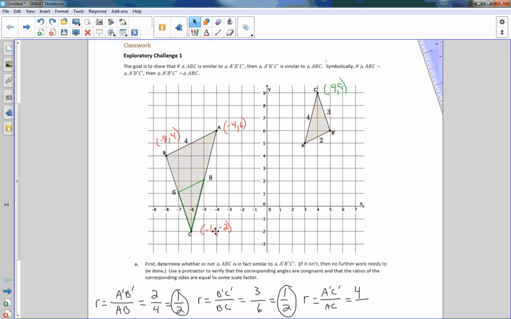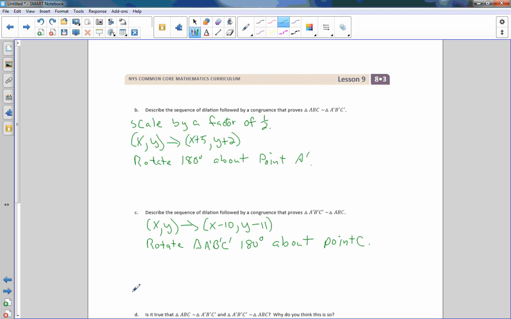And I know my scale factor is 2, so if I double the size of this, then it will end up being right on this triangle. So then my last step would be triangle A prime, B prime, C prime, scaled up by a factor of r equals 2.